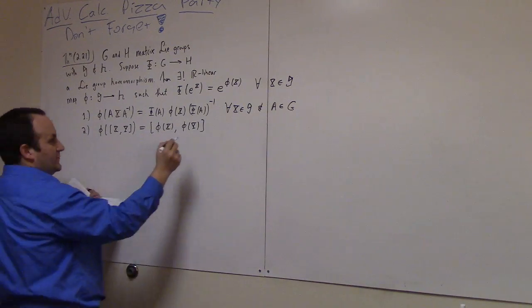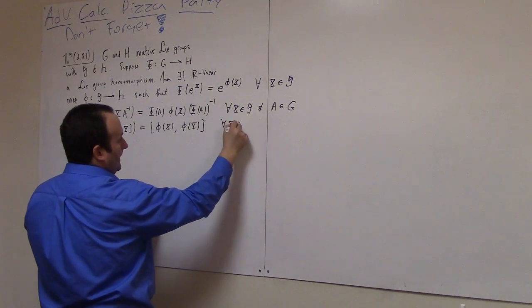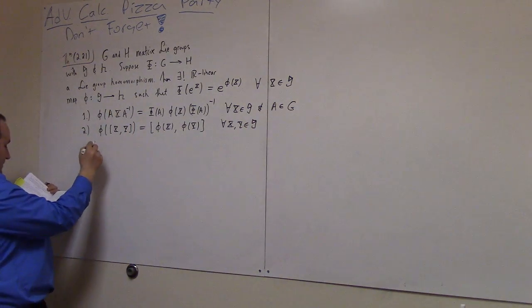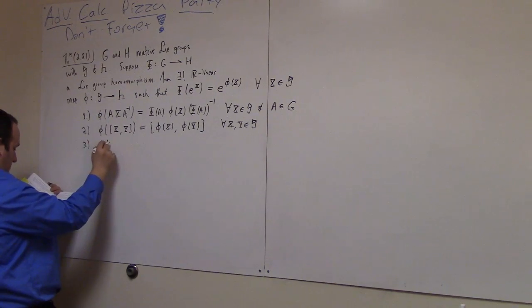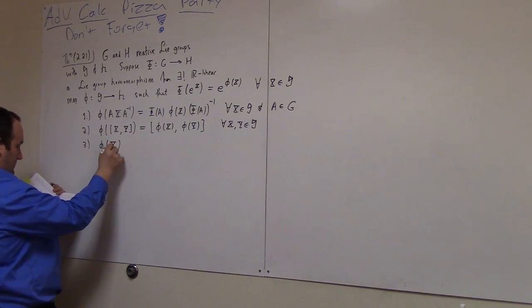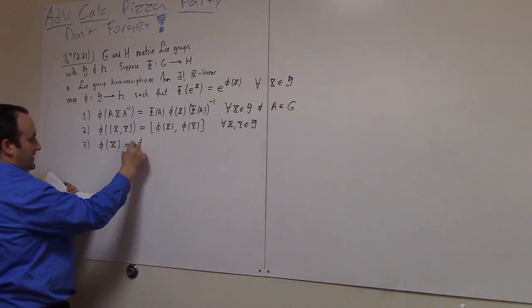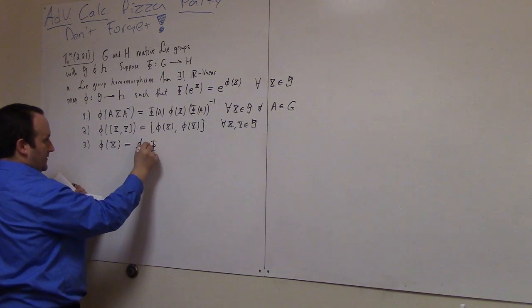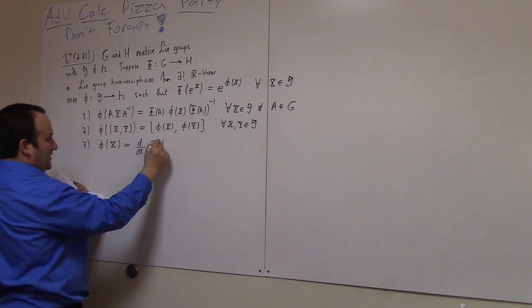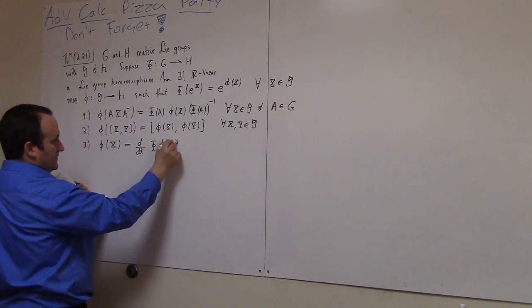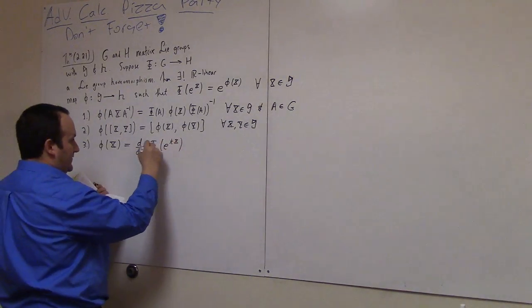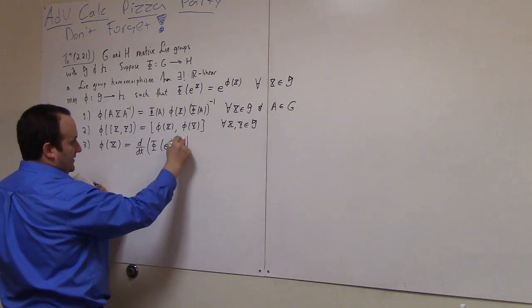And that's for all x and y in 𝔤. And three, φ of x is equal to d/dt of capital Φ of e to the tx. You take that derivative and then at the end of it set t equals to 0.